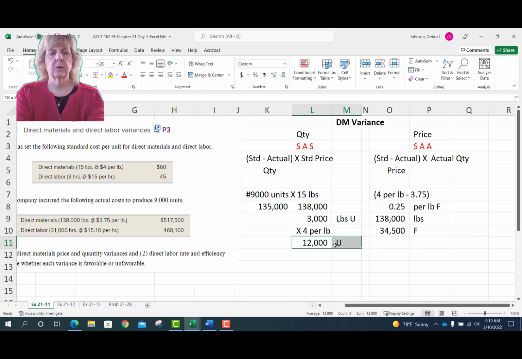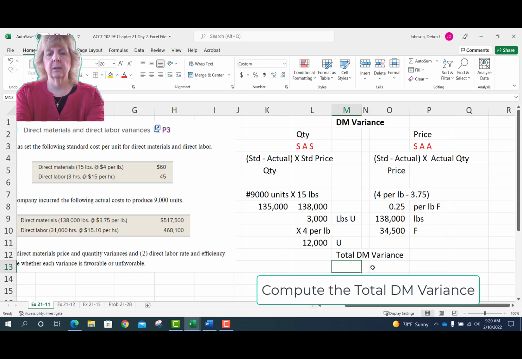Although your book has not stressed this, I think it's something important that we should be doing. When you calculate the total variance, for some reason the author seemed to have forgotten that this variance is very useful. The total direct materials variance would be calculated by taking the net or the difference between these two because they have opposite signs.